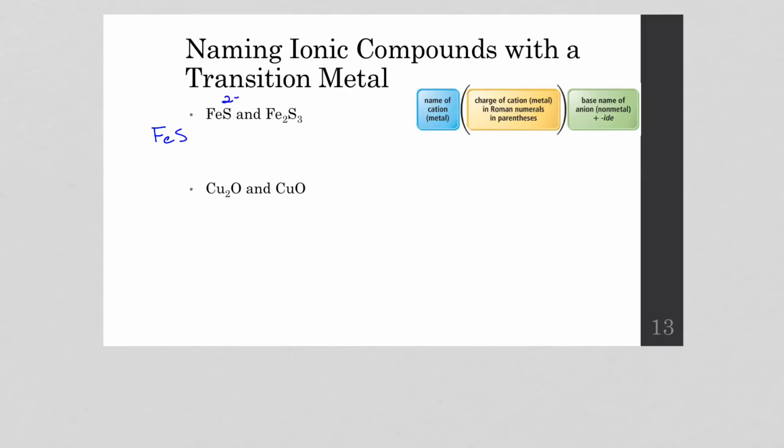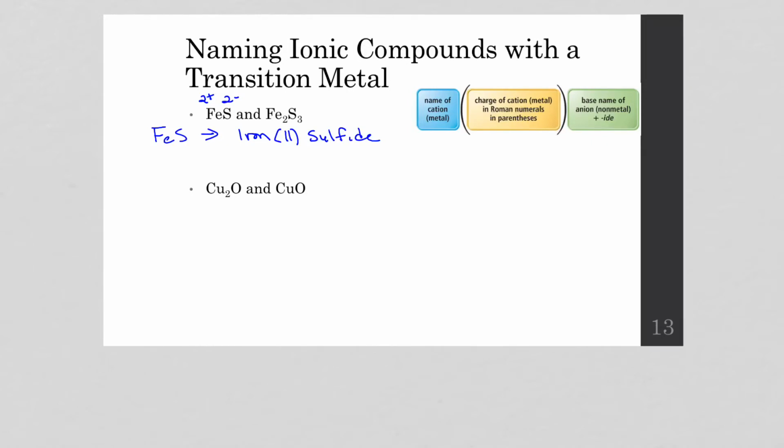That means the one iron in this formula, because again we have to be neutral, is going to have a 2 positive charge. So when we write out the name, I'm going to write iron, but then I'm going to include the charge in parentheses as a Roman numeral. So Roman numeral 2, iron 2, and then sulfide in the same way.